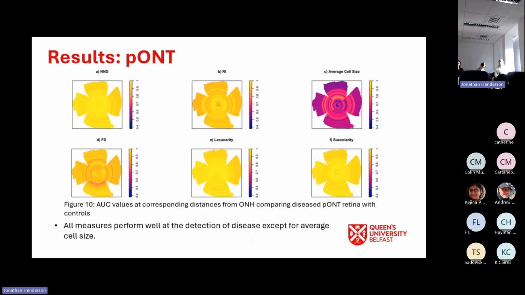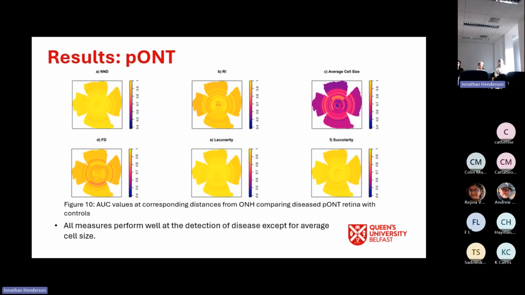So firstly, for our PONT group, we plotted our ROC curves and obtained an AUC value for these curves, and this is what we've plotted at the different distances from the retina. For the PONT model, because it's severe cases of disease, they all perform very well because it is severe, really.